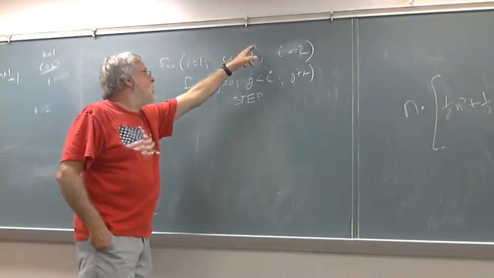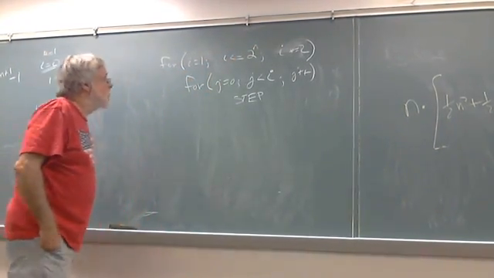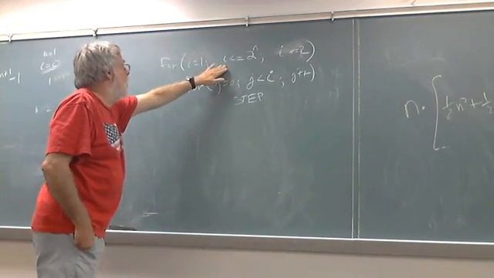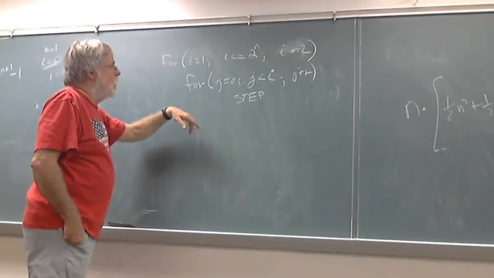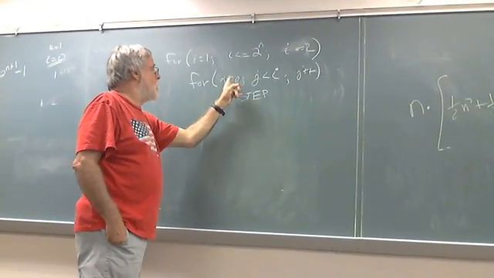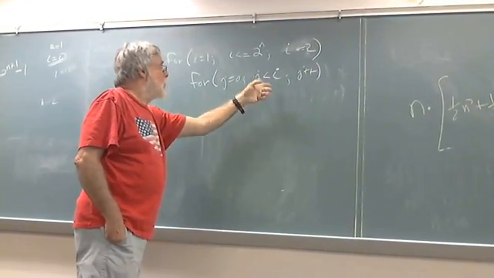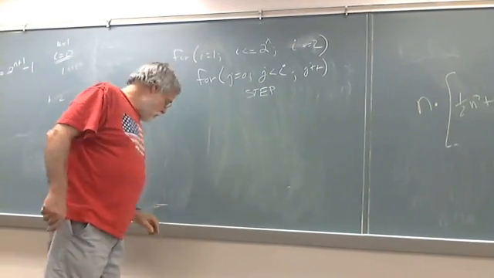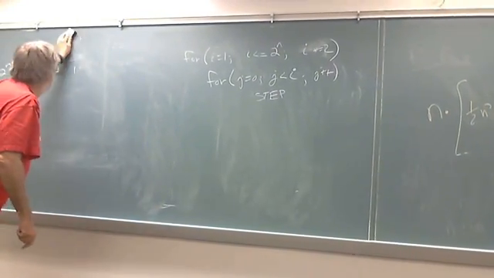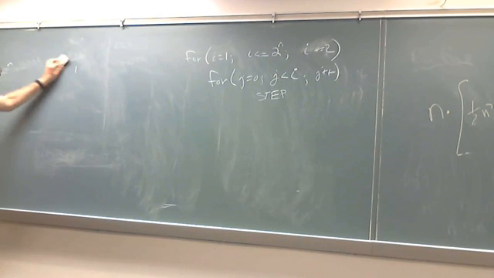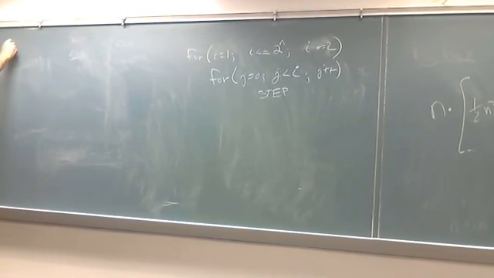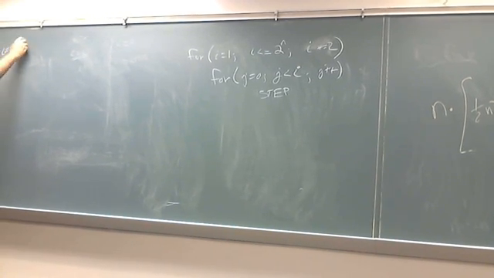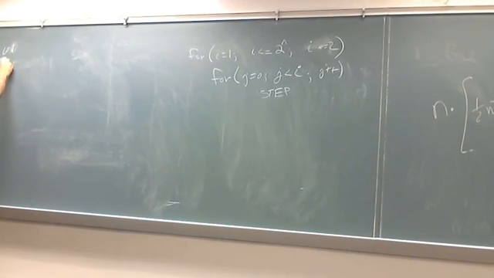Again, we're assuming n is big, so 2 to the n is big. So this middle condition is true, so 1 is less than this. We come down here, starting j at 0 and I is 1. So how many steps do we get? We'll get 1 step. So when I is 1, we're going to get 1 step.